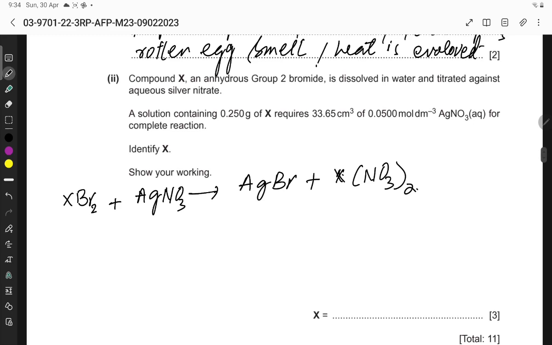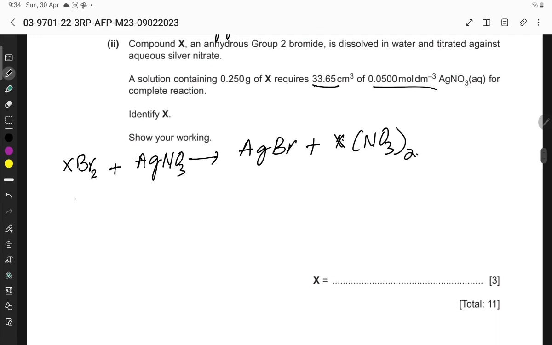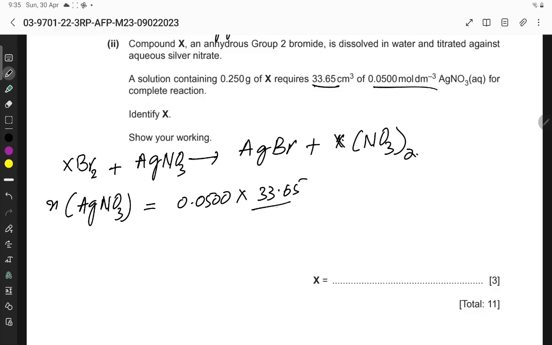So we have the concentration and volume of silver nitrate. First calculate moles of silver nitrate, which is 0.0500 times 33.65 divided by 1000, equal to 1.6825 times 10 raised to minus 3.